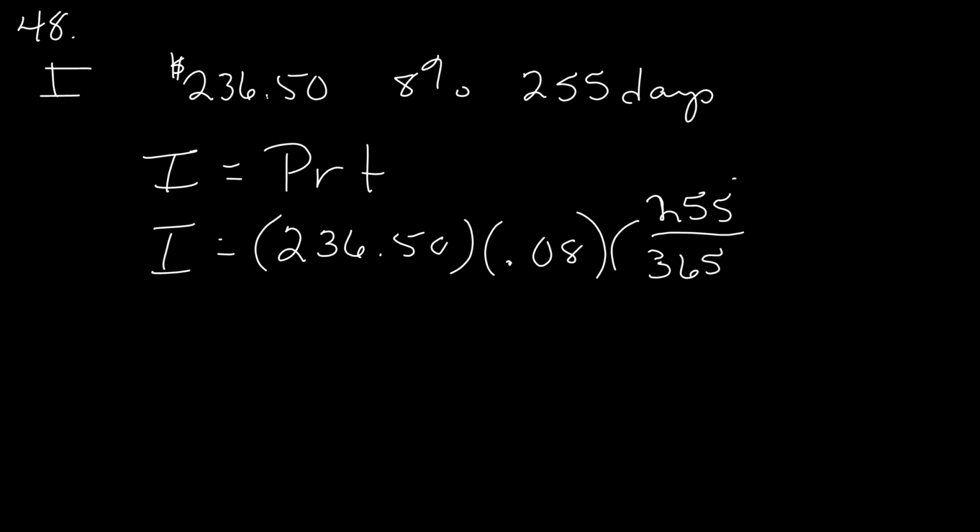So we do it like that. And if you punch it straight in your calculator, if you'll just punch in 236.50 times 0.08 and then hit enter to get an answer. This is the best way to do it on every calculator.